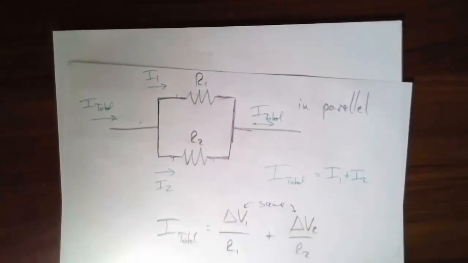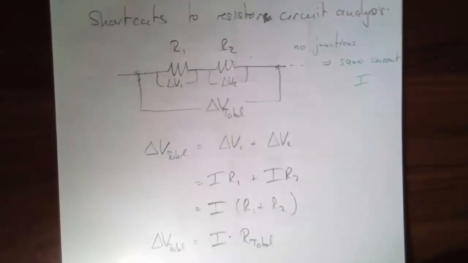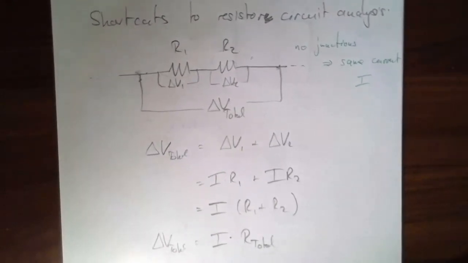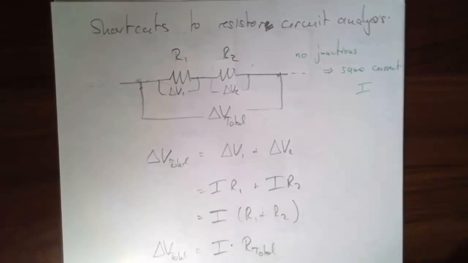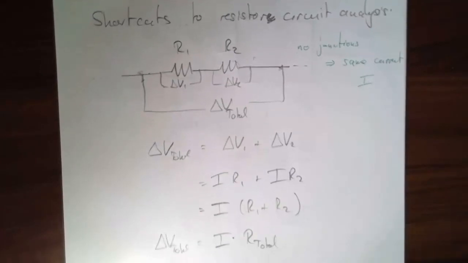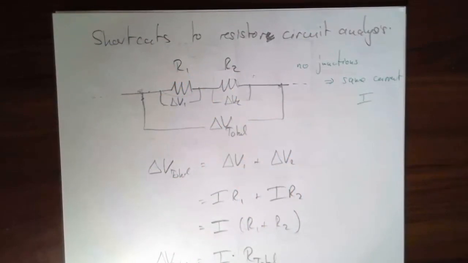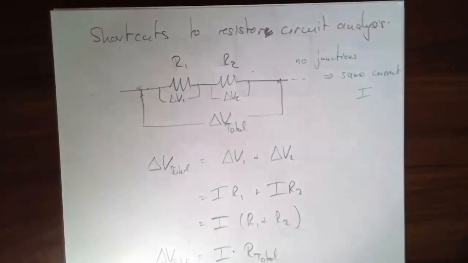Okay, so those are the basic tools. Although those shortcuts, in a sense, are even things you don't strictly need, because you can just apply those rules I lined out earlier, the Kirchhoff rules and Ohm's law. Those will solve all resistor circuits you might come across. The rest is practice. Some circuits cannot be analyzed with the shortcut method, namely when you've got, say, more than one battery in different places, for example.